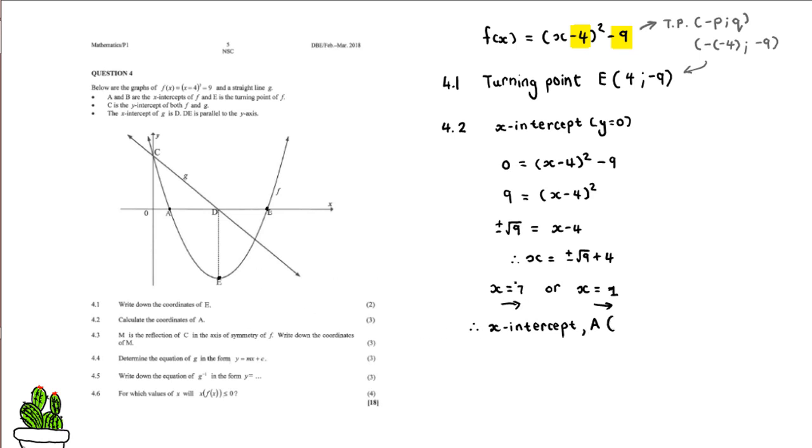Now you have x is equals to 7 or x is equals to 1. If you look at the position of A, it's impossible for it to be 7. It's much closer to 0, so it makes more sense for it to be 1. So that's the x position 1 and the y position 0. So that will be your coordinate for A.